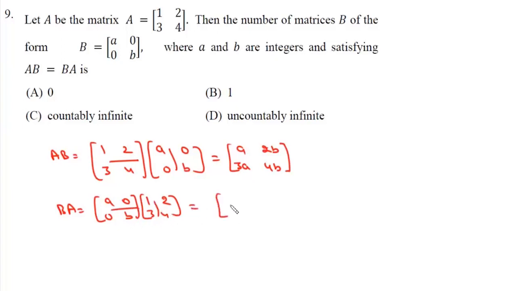Now it will be A, 2A, 3B and 4B. Now we compare these two matrices, they will be equal when A equals B. So AB will be equal to BA whenever we have A equals B, where A and B are integers. In this case, we'll have infinitely many solutions and they have countably infinite solutions given by this option C.